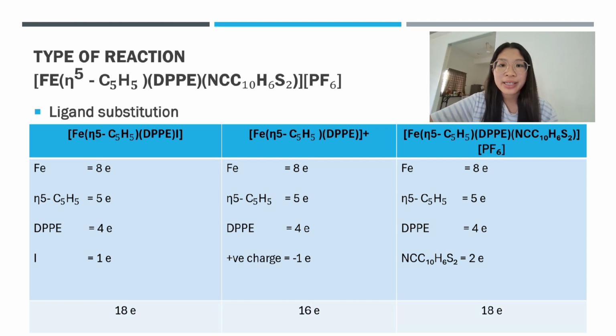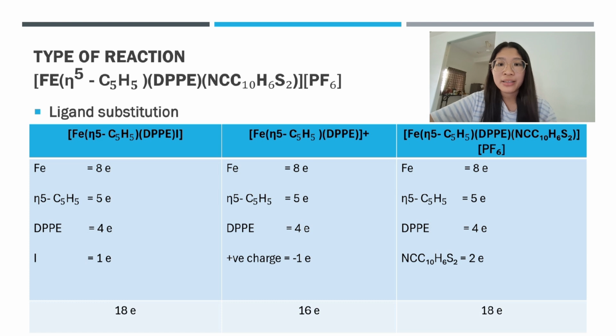For the intermediate, after the halide abstraction, the whole complex exists as a positive charge, but in electron counting, positive charge stands for minus. So we minus 1, and we get 16 electrons.